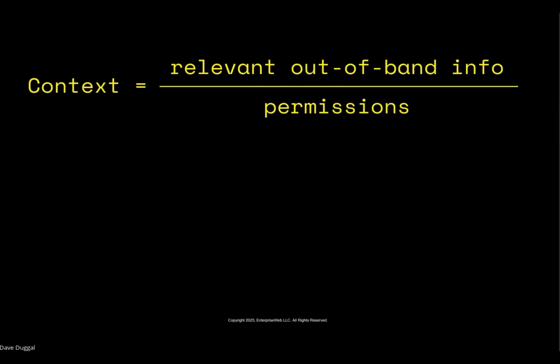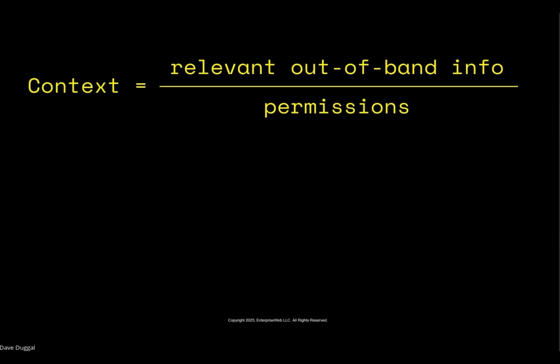And relevant doesn't just mean current. It could also be temporal history, because you might want to do predictive analytics. So relevant out-of-band information divided by permissions, because you need that RBAC and ABAC. You don't want your agent exfiltrating all your data, right? Just like you wouldn't want any human or system client getting access to data it can't have.